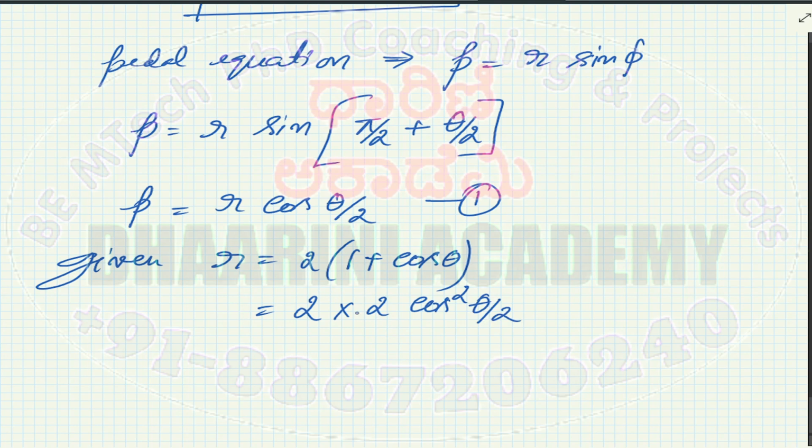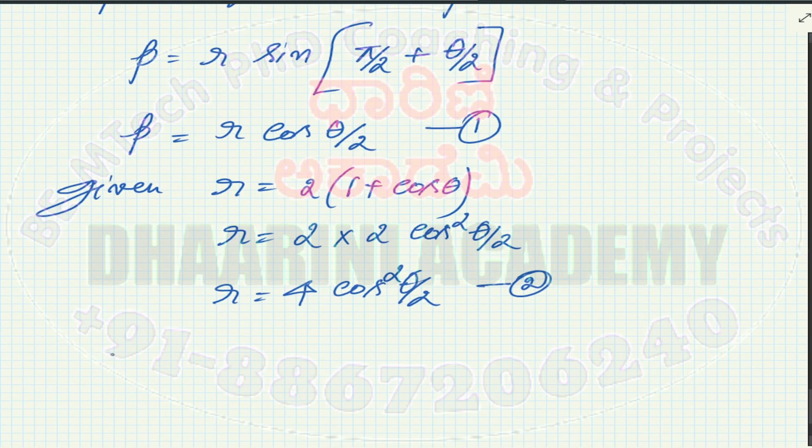So this means I can write R is equal to 4 cos square theta by 2. Let's hold this as equation number 2.